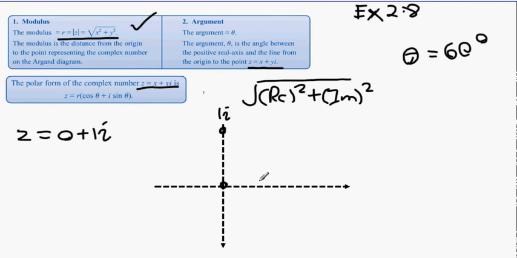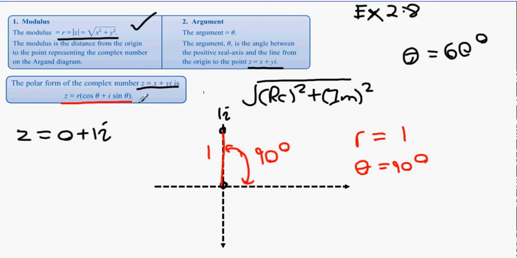Now this here is a 90-degree rotation, so the angle is 90 degrees. And the length is 1, because it doesn't even make a triangle, the length is just simply 1. So r equals 1, theta equals 90 degrees.